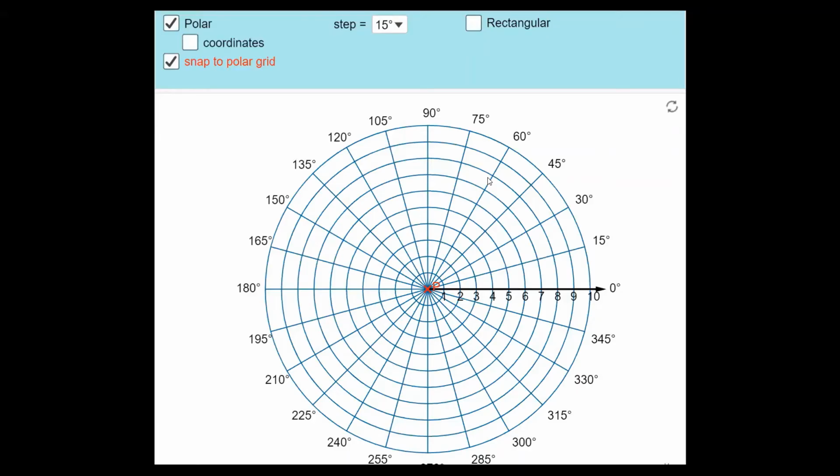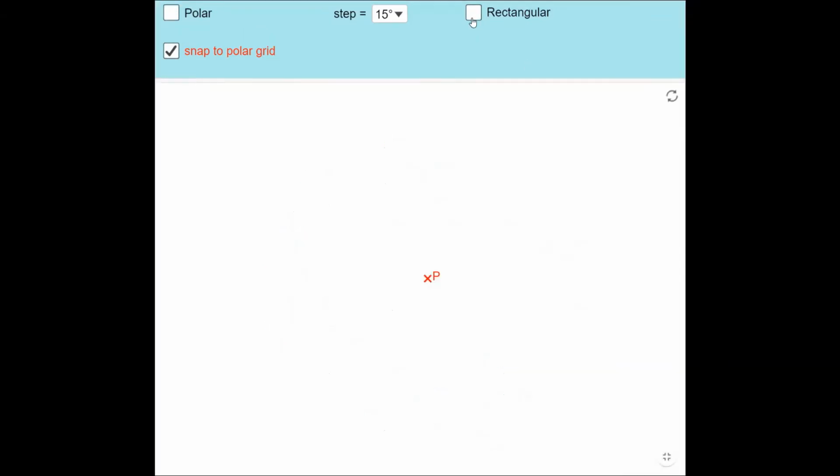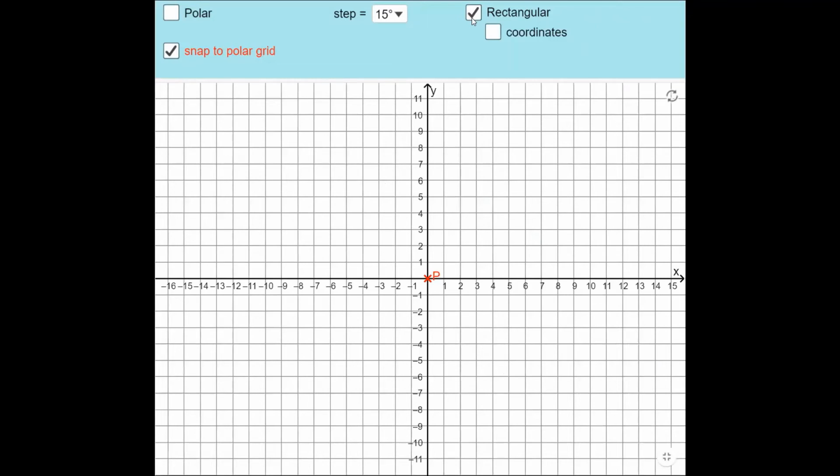Now consider this graph. Here it is the Cartesian coordinate system. I take a point here. Let a point P be marked here.